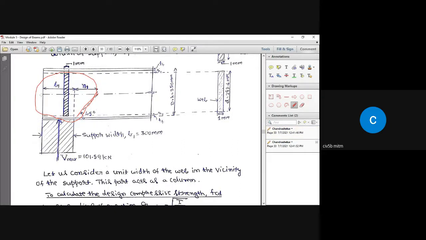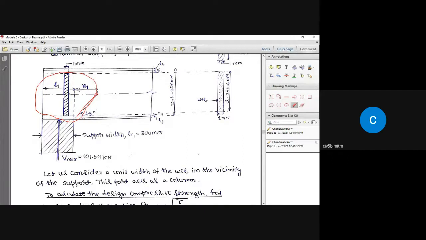Then B1 is the width of the support and N1 is the width over which the load gets distributed. So the total width over which this Vmax value gets distributed is B1 plus N1, and the total area is given by B1 plus N1 multiplied by tw, the thickness of the web.